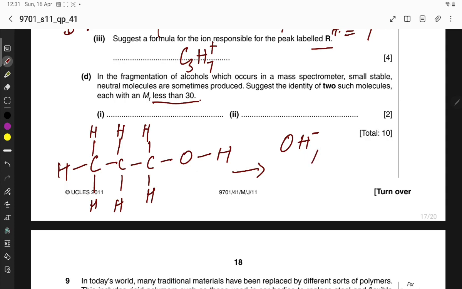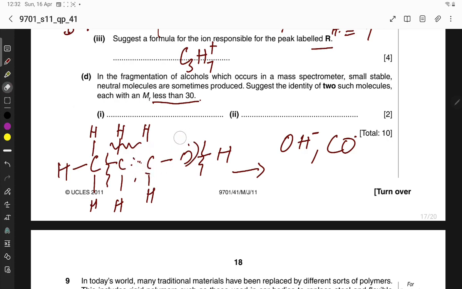Another possibility is that carbon monoxide is also lost, and these two hydrogens also, and water is also lost.